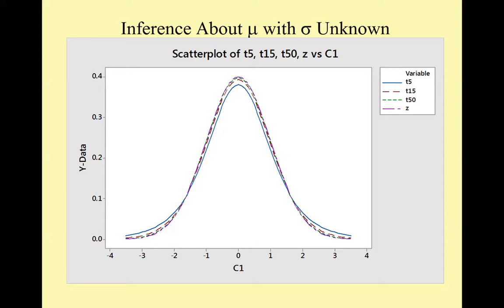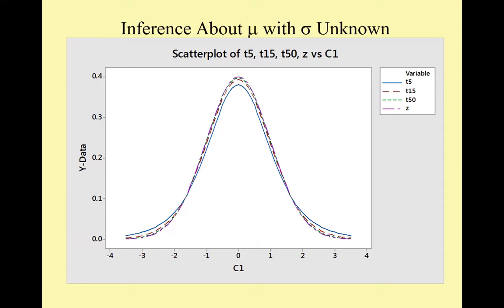Notice that the T5 is the solid blue line, and it has more area under the tails. Once you get past 2, 3, heading to 4, the solid blue curve is higher. So there's more probability in the tails. And near the middle at 0, notice the solid blue curve is the shortest. So there's less probability piled up around the middle, or the 0 value, for the T5.